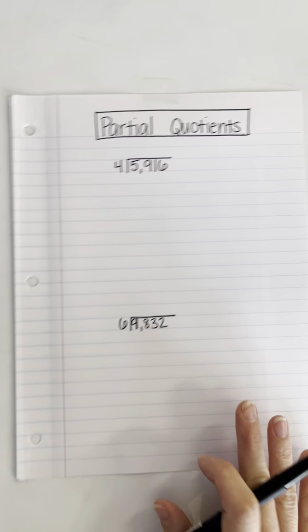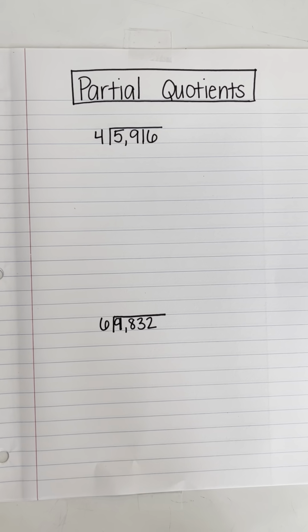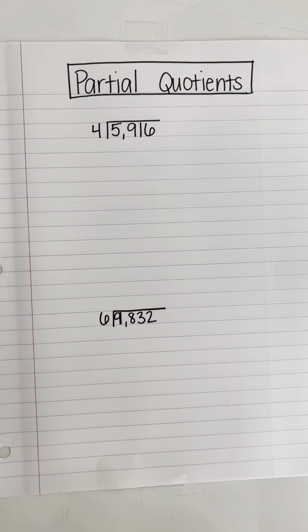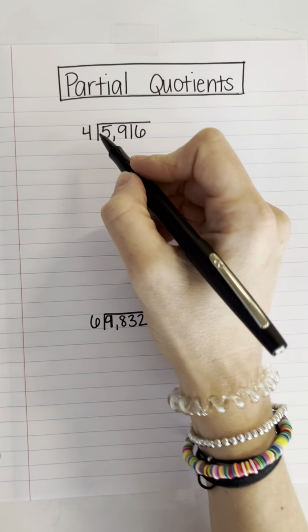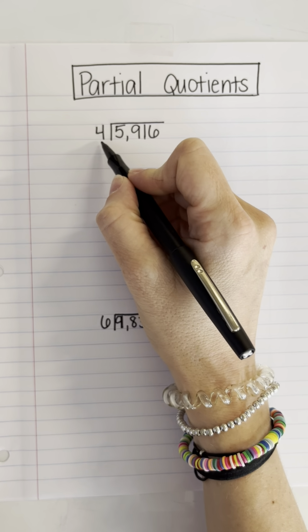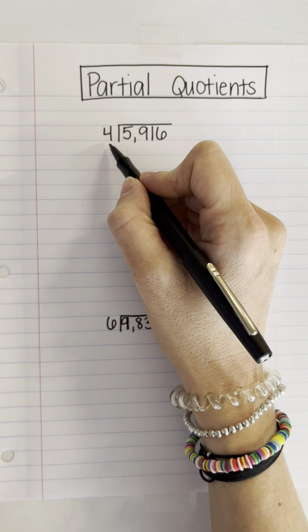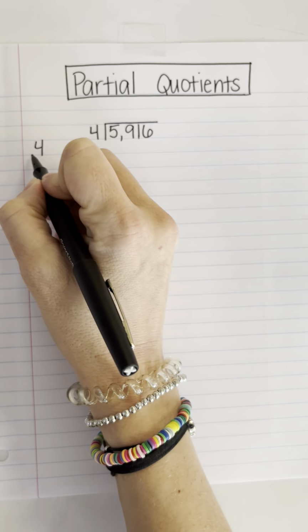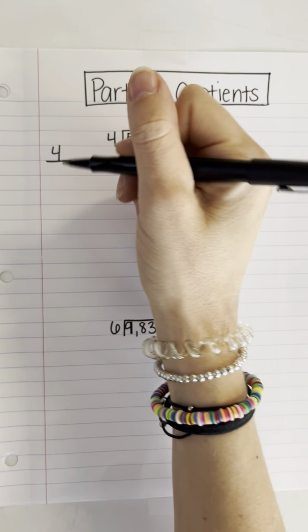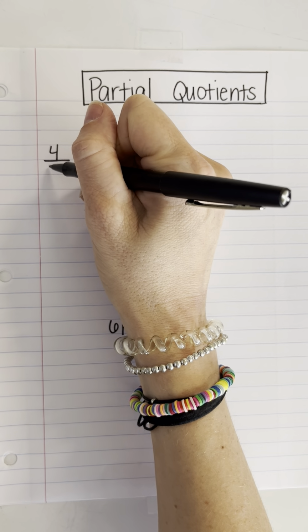Our first problem that we're looking at is 5,916 divided by 4. We've been practicing making tic-tacs in class, which is a strategy to get the first 9 multiples of our divisor organized and honestly out of the way, because that's going to take a lot of guesswork out of when we're doing our division.